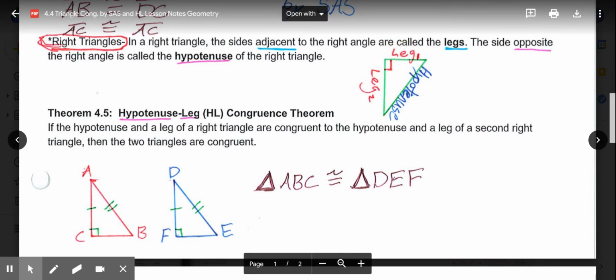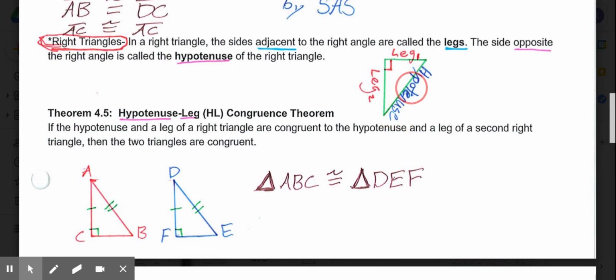The side that's opposite the right angle is always the hypotenuse. So the hypotenuse is the side opposite your right angle in a right triangle. The legs are the two sides adjacent to the right angle, or the two sides that meet at the right angle.